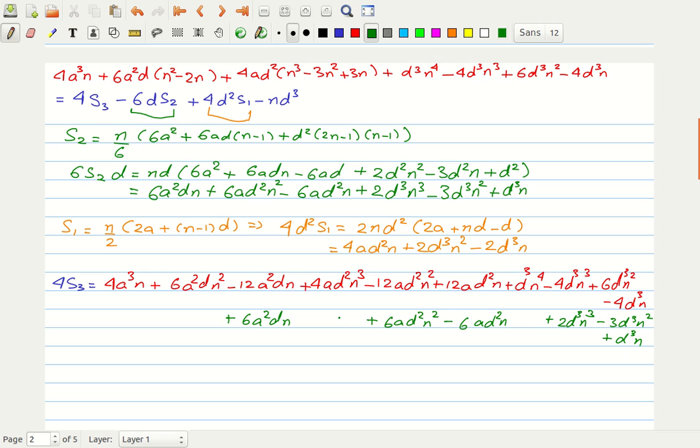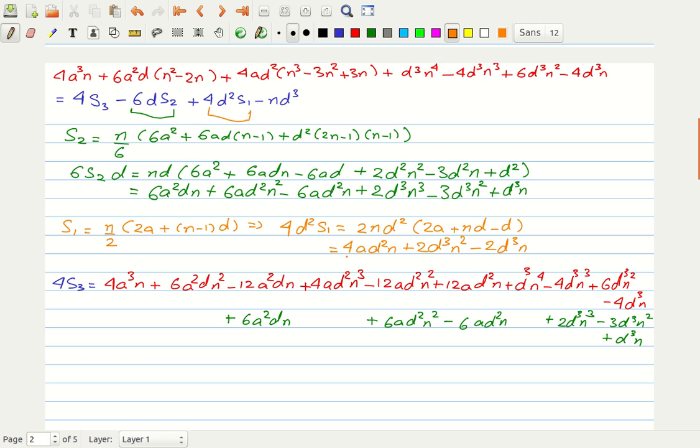And I need to subtract 4d square s1. All this thing here is 4d square s1, so I need to subtract it, so all this will be multiplied by minus 1.